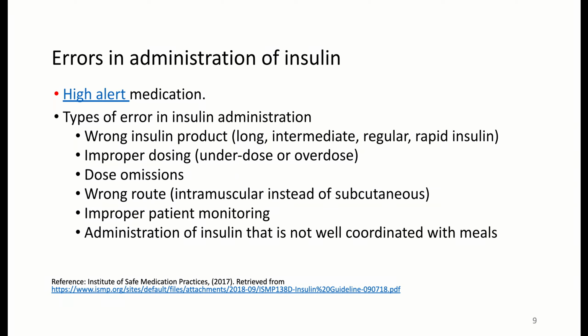What are the types of error in insulin administration?